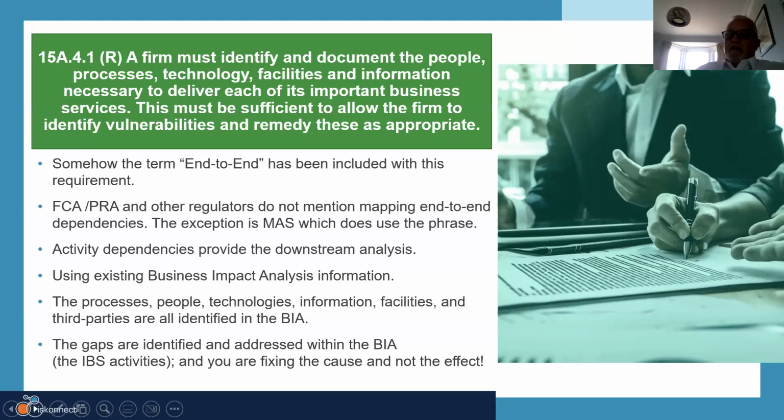Logically, I need to understand the end-to-end process, but it's really about understanding each component or each activity and the downstream analysis of what's there, using, for example, the underlying business impact analysis for that activity. What does it take to deliver that service? The people, the process, technology, etc., all identified there.